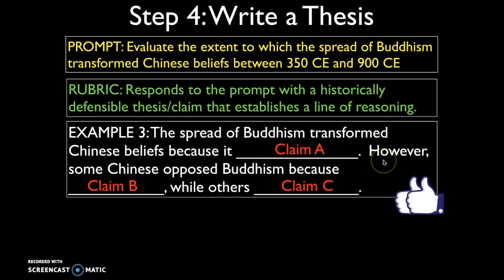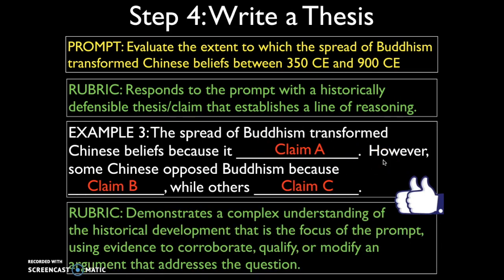And the reason for that is, well, here's the language of the complex understanding point. Demonstrates a complex understanding of the historical developments that is the focus of the prompt, using evidence to corroborate, qualify, or modify an argument that addresses the question. Here, because we have this word however, and because we are recognizing not only the changes to Chinese beliefs, but also some qualifications to those by laying out the people who were opposed to it, and then also suggesting even some modification, or again, an even further level of qualification by developing a third group here.